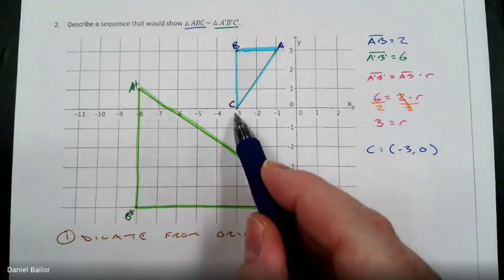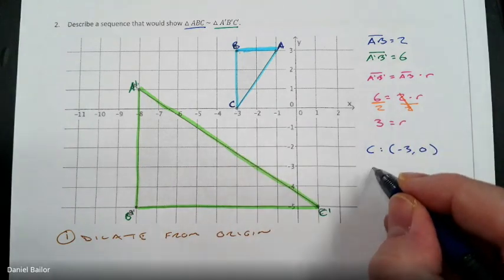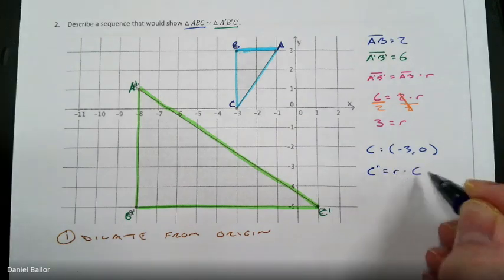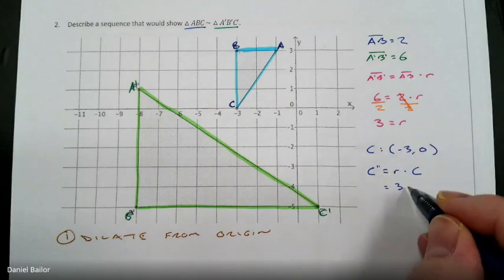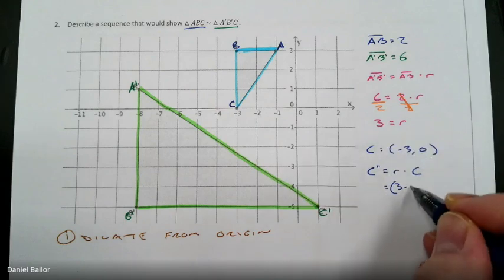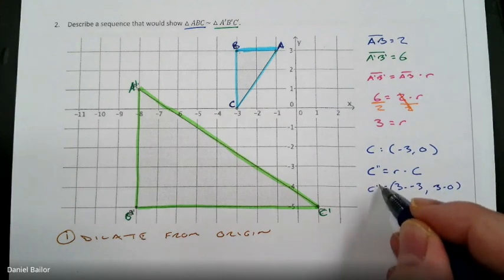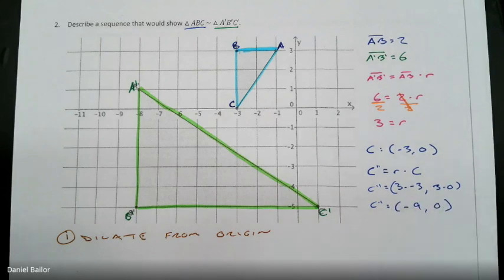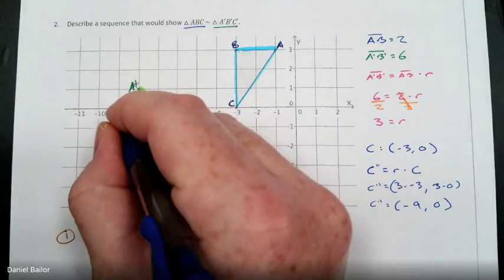If we change C by the scale factor, we get C prime prime equals R times C. So that's 3 times -3 and 3 times 0. So C prime prime, the new one, is going to be -9 comma 0. When we make this grow again, the C is going to be right here.